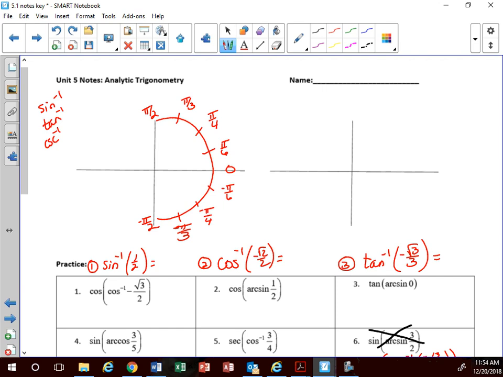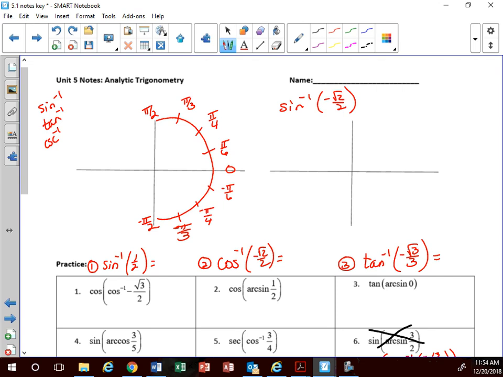What do we have to say in terms of negative pi over 6? So that's, yeah, so if I had, and I'm going to erase this here in a second. Let's say I asked you inverse sine of negative root 2 over 2. Okay? You are not thinking on the entire circle right now. You are only allowed to think here. These are the only options for answers that you have when you're doing this.